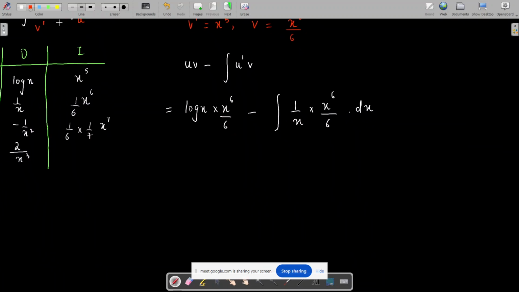So now we can see that this becomes x to the power 5. It becomes easier to do. Yes. Now the main thing is the integral. If we are able to simplify the integral, our life would be easier. So this becomes x to the power 6 over 6 minus, 1 over 6 I'll write outside, the integral of x to the power 5 dx, which is nothing but... I got the answer.